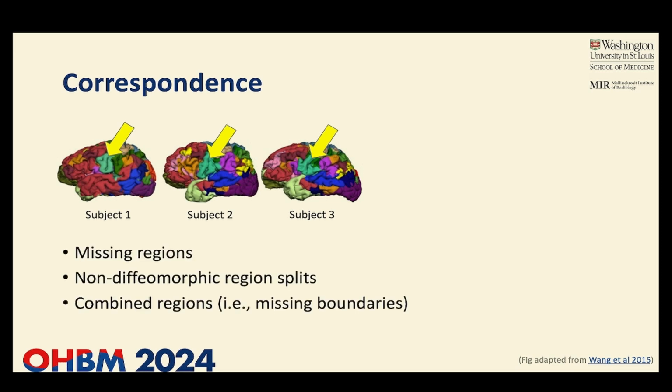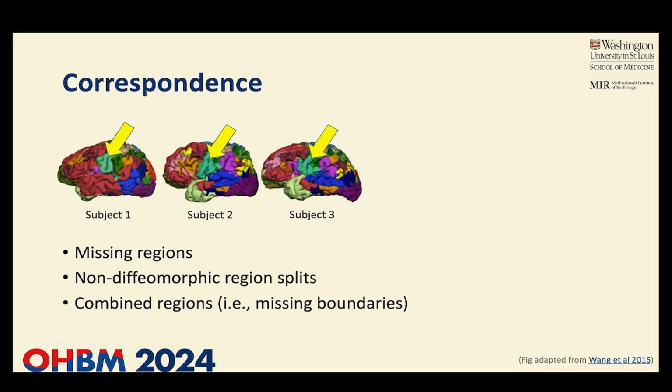For example, there might be missing regions that are there in some brains but absent in others. It might be these non-diffeomorphic splits, so a brain area that gets split up into two with another brain area in between, which is very hard to align, as we've talked about a little bit this morning already.